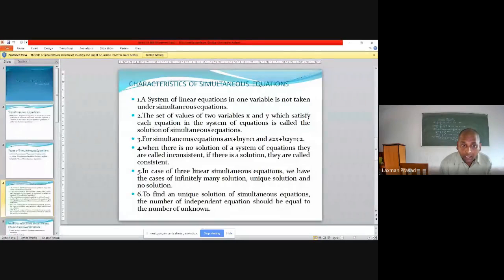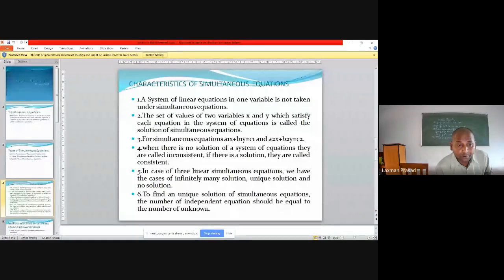So in case of three linear simultaneous equations, we have the cases of no solution, unique solution, or infinitely many solutions. The next point: to find a unique solution of simultaneous equations, the number of independent equations should be equal to the number of unknowns.